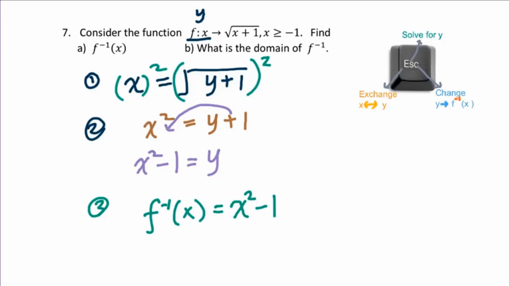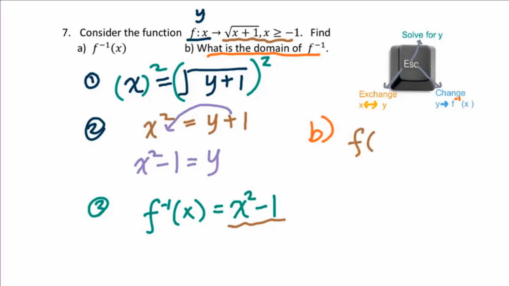Then for b, we need to figure out the domain of the inverse function. Do not rush and say the inverse function is x squared minus 1, so the domain is all real numbers. It's not. You have to check back the range of the original function.